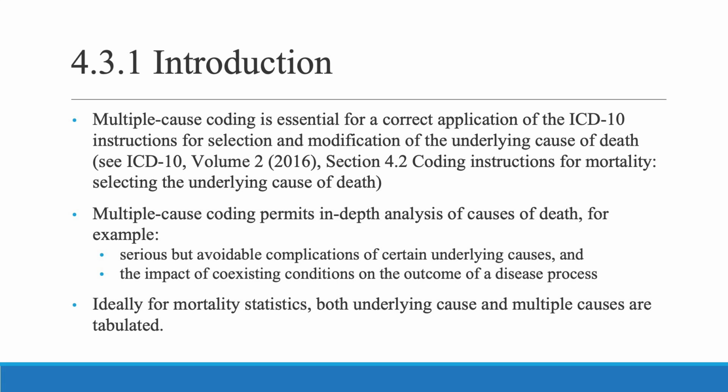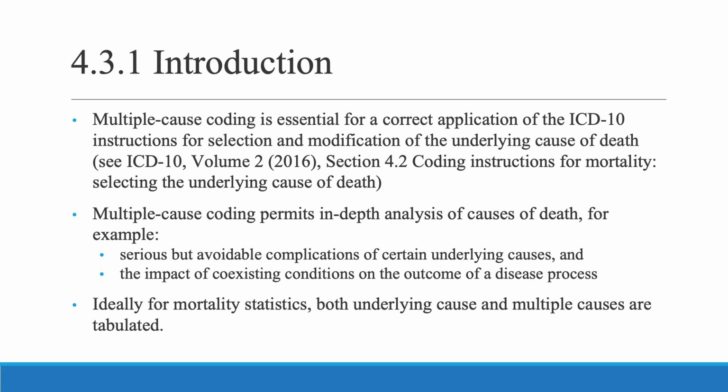It may have been a while since you looked at the very basics of the mortality classification process, but you know that in order to apply the rules for selecting the underlying cause of death, you must first apply an ICD-10 code number to each cause of death reported. This is necessary, for example, to use the international decision tables to determine the selection and/or modification steps applied because all the relationships are represented by ICD-10 code numbers.